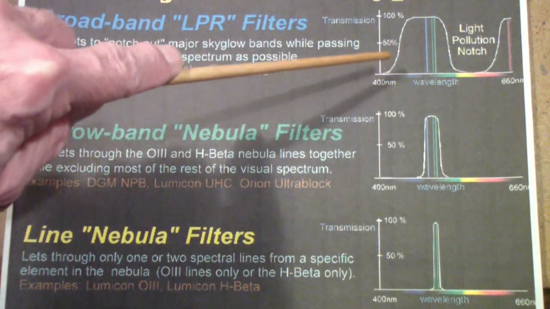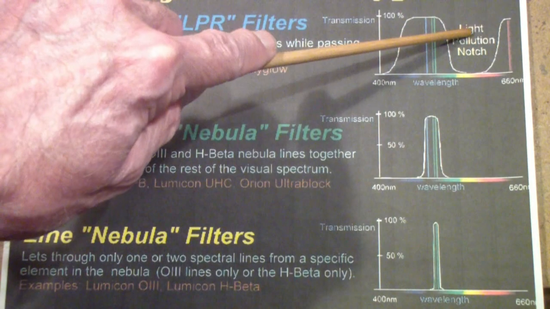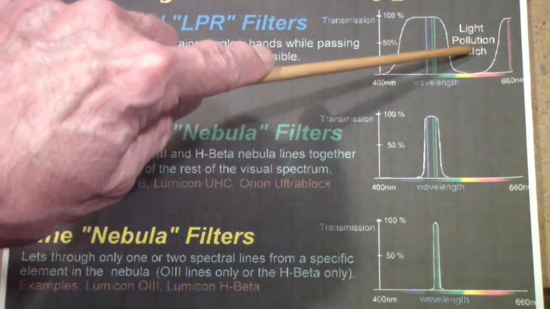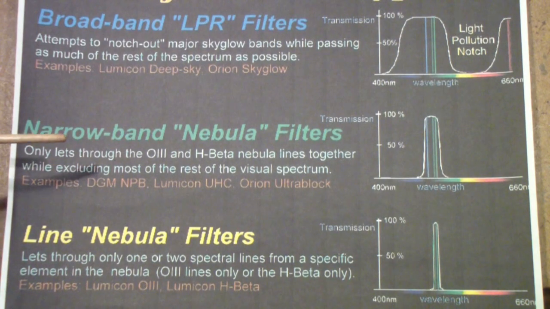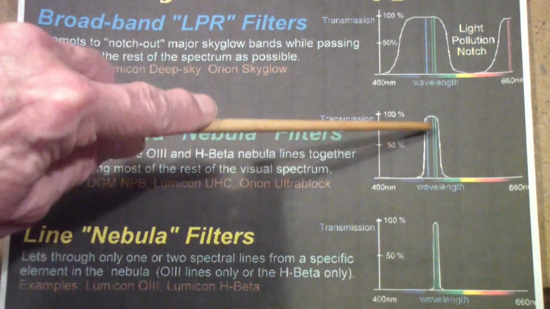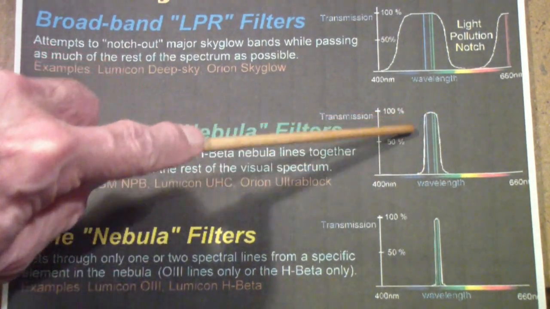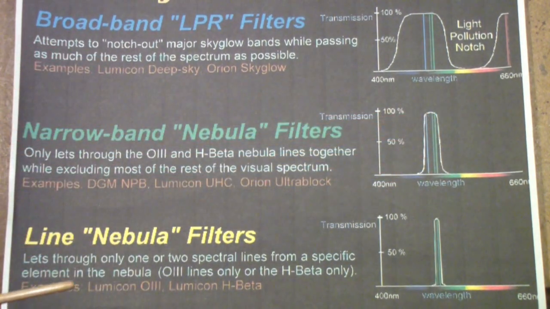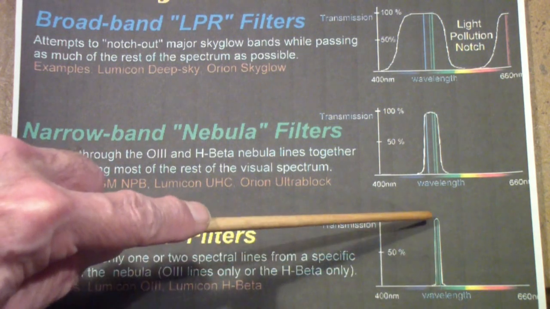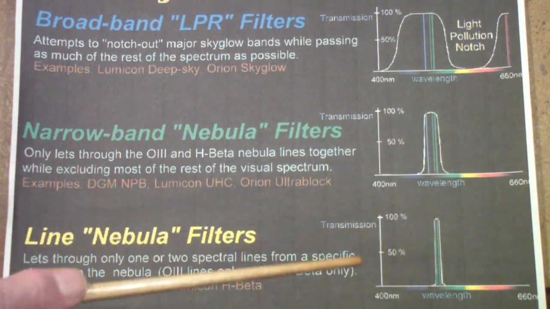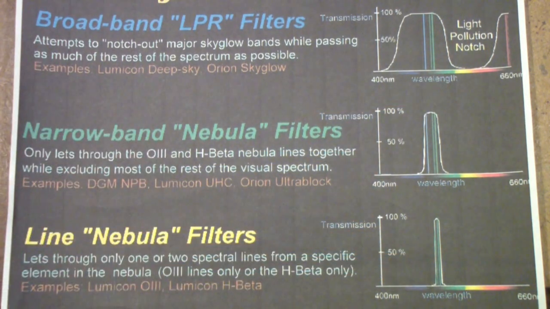And you notice that what they do is they notch out the area where the sodium and some other light sources tend to work. Then there are so-called narrowband nebula filters, and we'll talk more about why you can get away with this kind of filter. And then finally, what are called line nebula filters, and normally these are referred to as oxygen filters or O3 filters. We'll talk about where that terminology comes from.